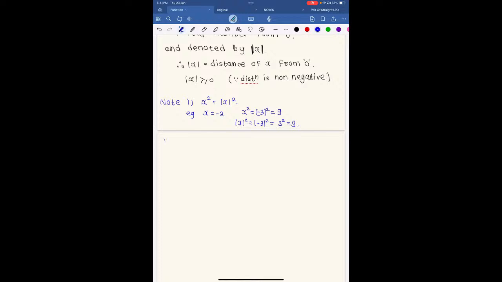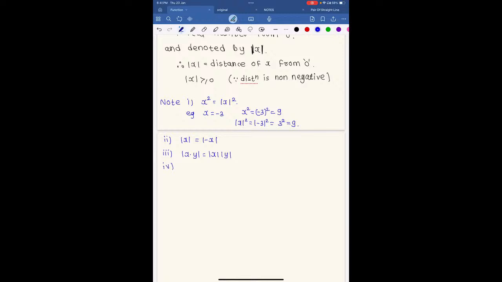Now second property: modulus of x is equal to mod of minus x. Mod of x and mod of minus x both are same. Third property: mod of x into y is equal to mod of x into mod of y.